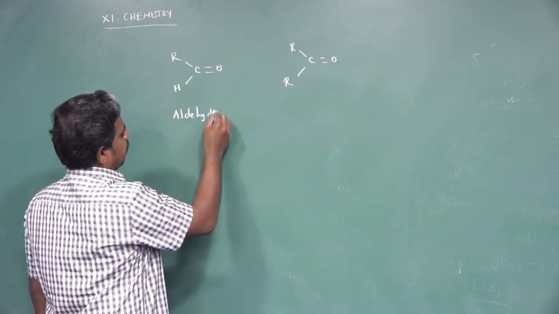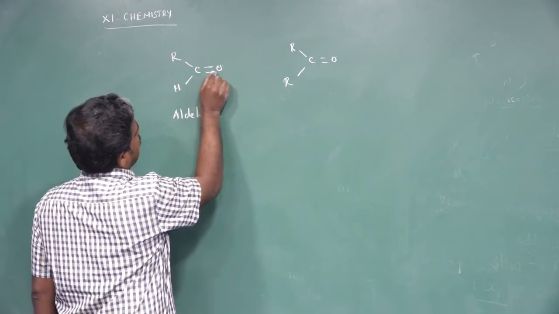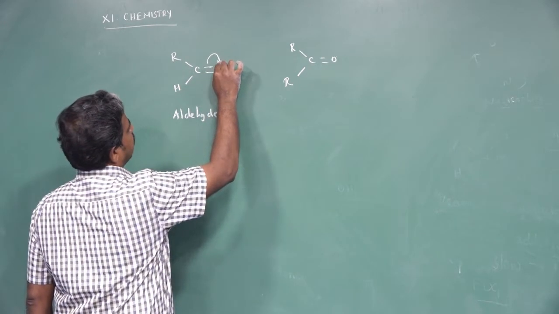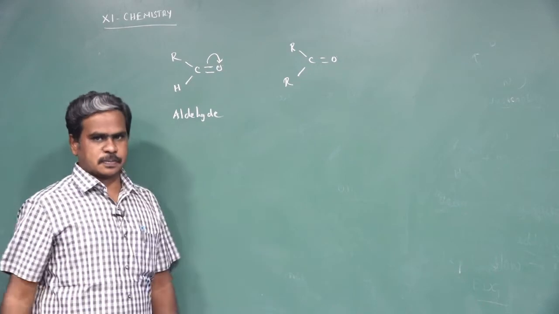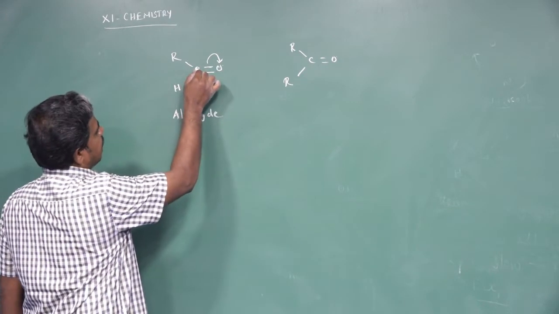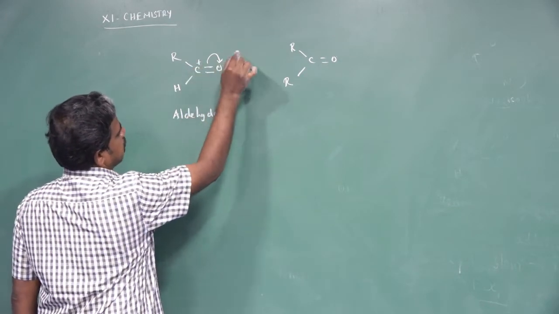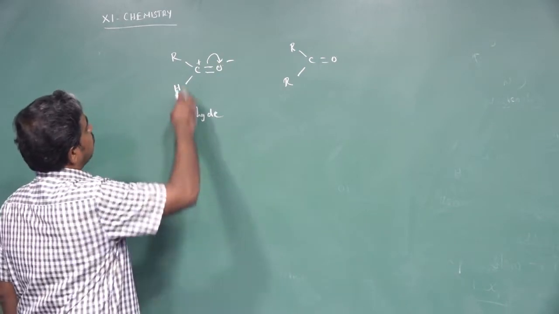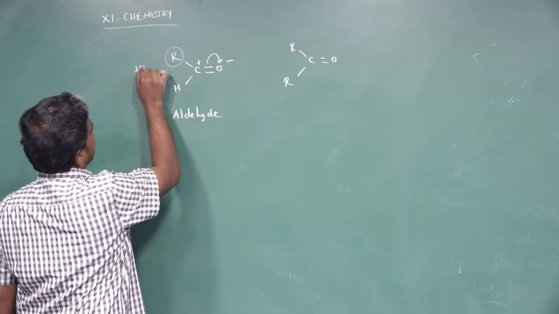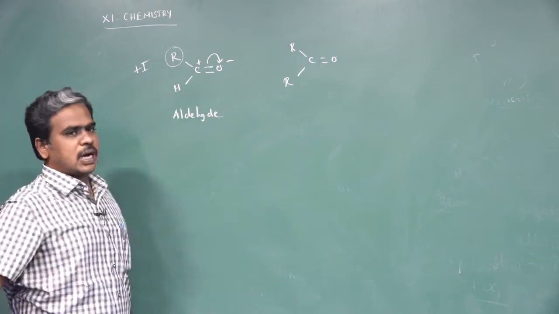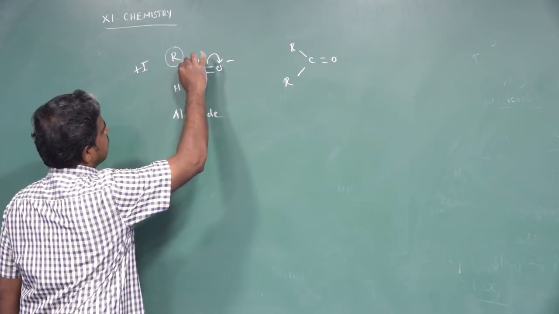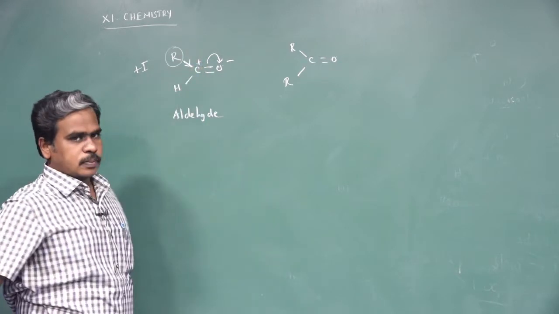Now consider the aldehyde. In aldehyde what will happen? The oxygen is the most electronegative, so the pi bond will move towards that oxygen. Now this carbon gets a positive charge and oxygen gets a negative charge. Now the R group is an electron donating group, a plus I group, and it will be moved towards that carbon.